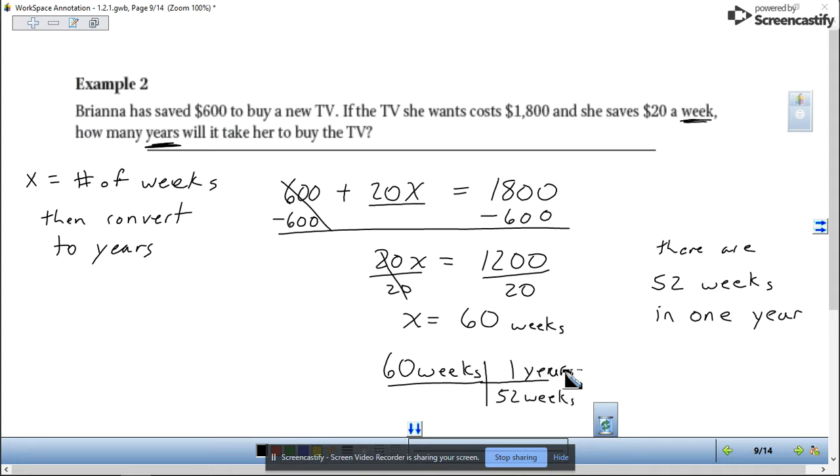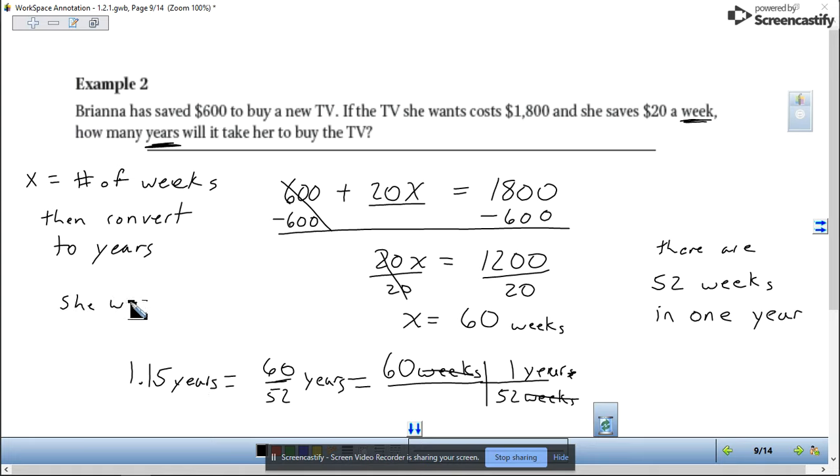And what that allows us to do is cancel out our units of weeks, right? And then what we're going to end up with is 60 over 52 years. Now, we could leave it like that, or we definitely can clean that up, punch in your calculator. That comes out to 1.15 years.